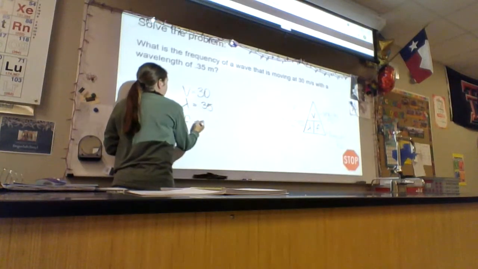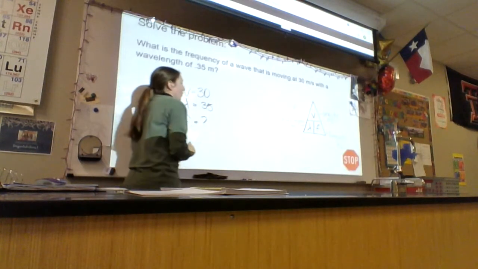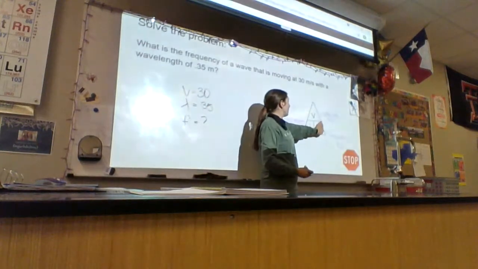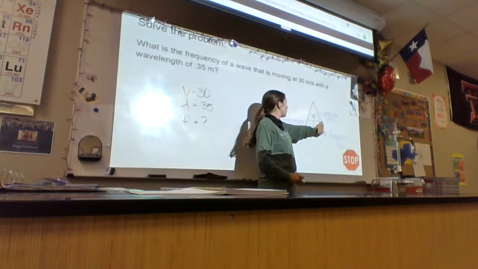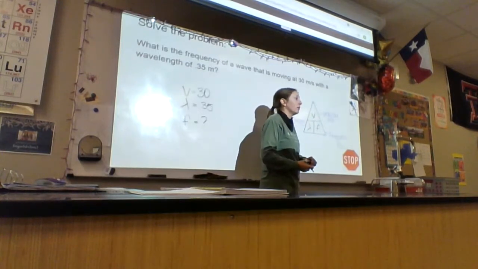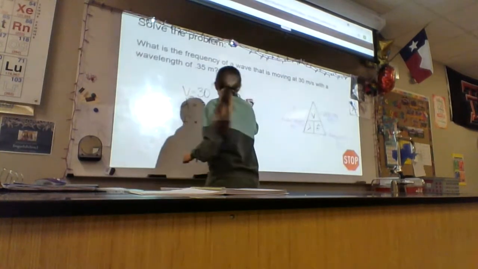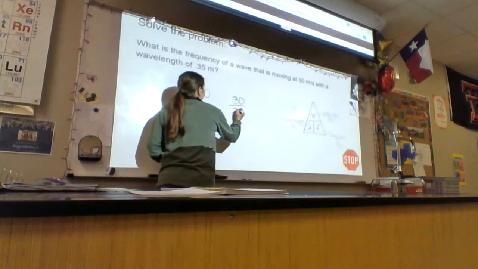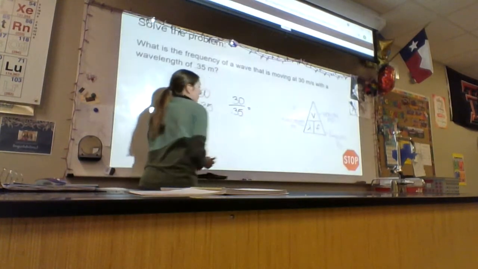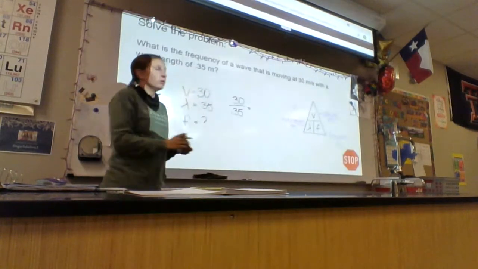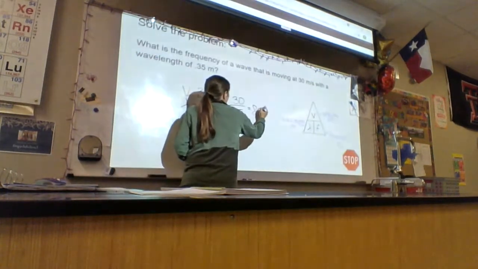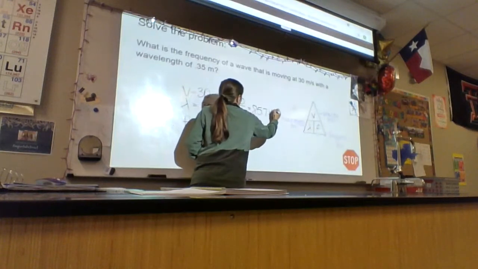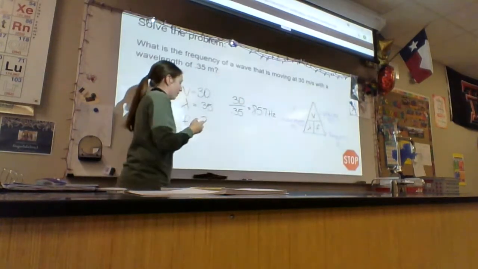So now I'm missing frequency. Remember, whatever you're missing, you can cover it up in your triangle. So what math do I do here? V divided by wavelength. V is 30, wavelength is 0.35. 85.7 hertz.